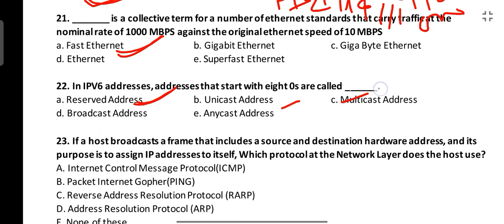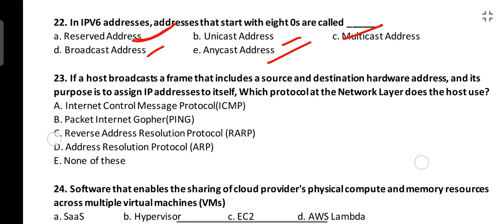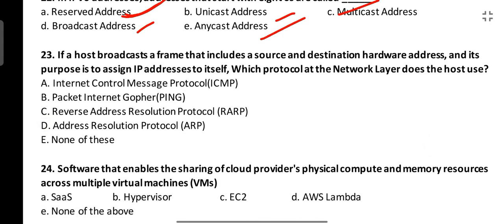We have discussed what is unicast, multicast, anycast, and broadcast. Next is: if a host broadcasts a frame that includes the source and destination hardware address. What is hardware address? This is the MAC address they're talking about, which is part of the data link layer. Also they have given frames, which are part of the data link layer, and its purpose is to assign an IP address to itself.